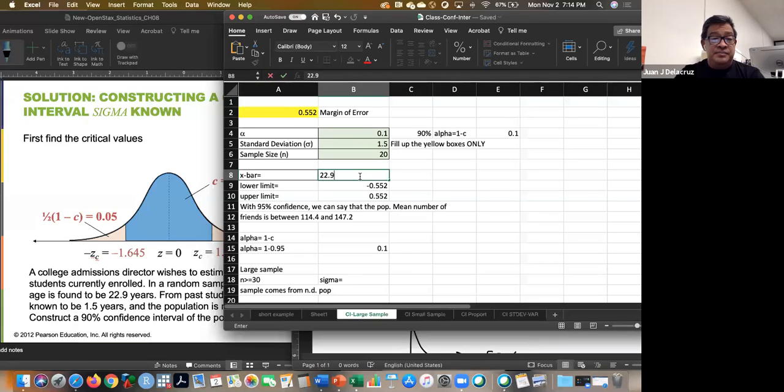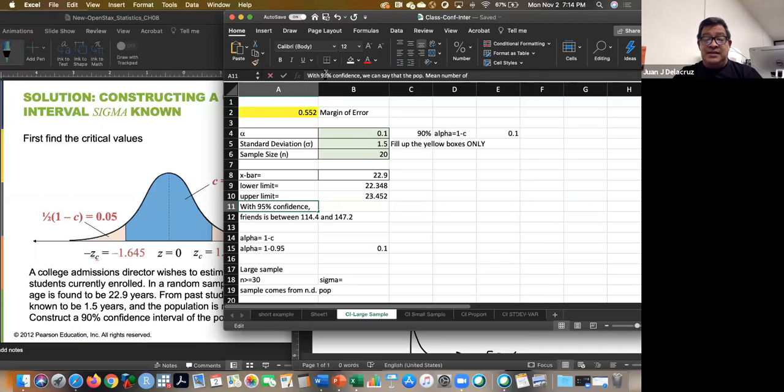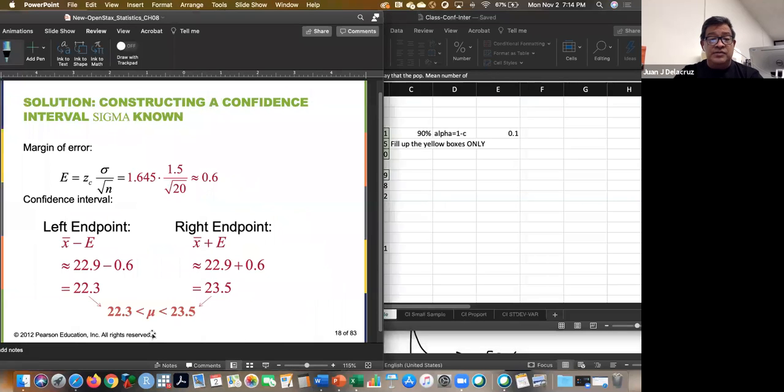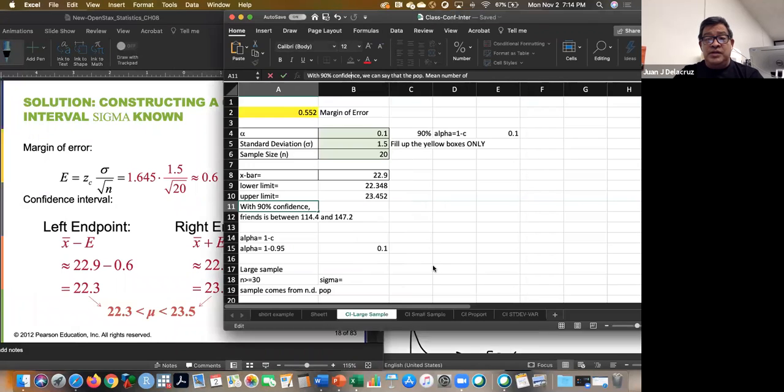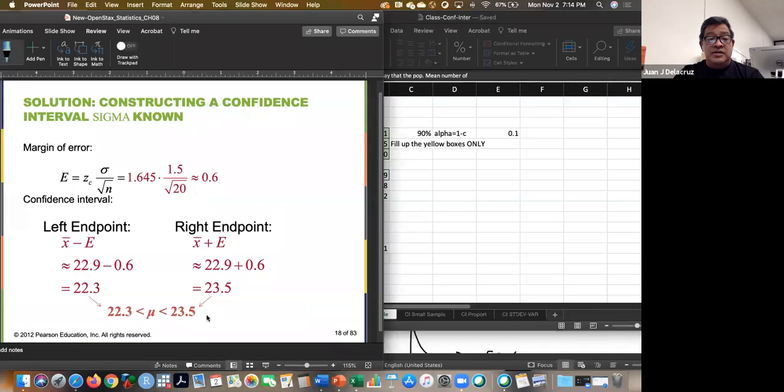If I type here the X bar, 22.9, I build this formula where I subtract the margin of error, and then I add the margin of error. So here we can say with 90% confidence level, 22.3, 23.5, yes.